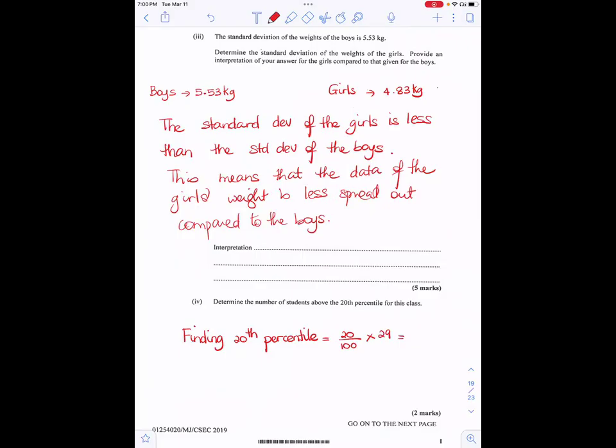And you got how much? 5.6. And what did you do with that now? I subtracted that from 29, so I got 23.4. 23.4. All right.